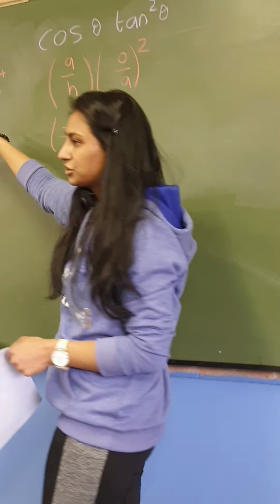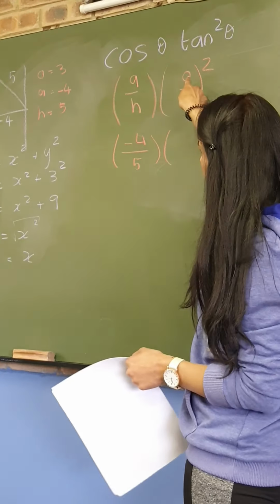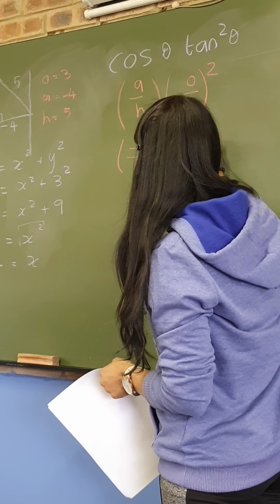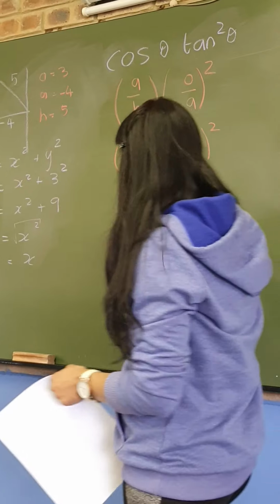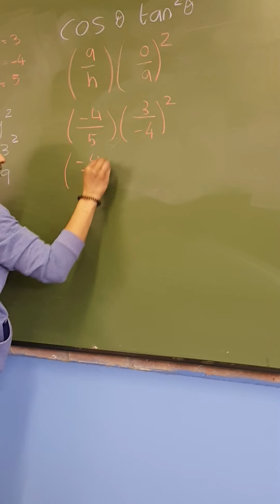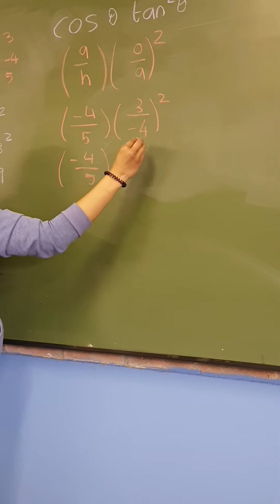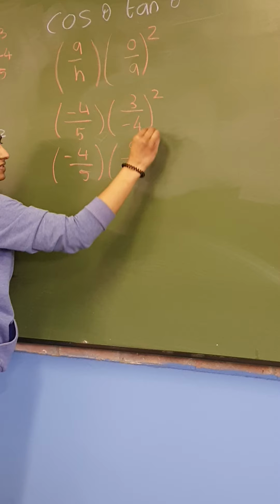What goes in place of H? 5. This side, what goes in place of O? 3. And A? Negative 4. But I have to square it. This bracket stays as is for now. If I square this bracket, 3 squared is 9, and negative 4 squared, 16, becomes positive 16.